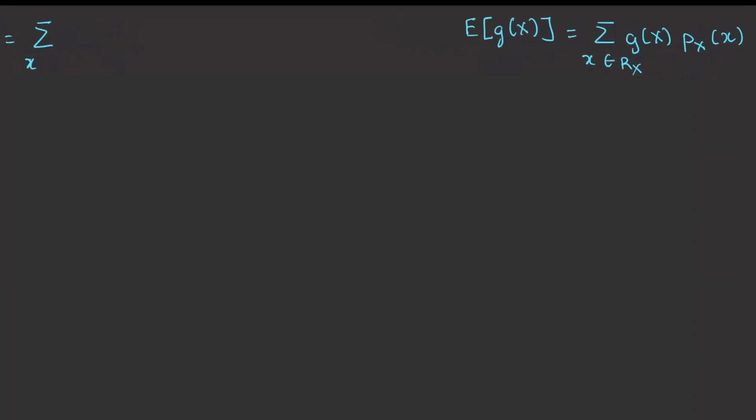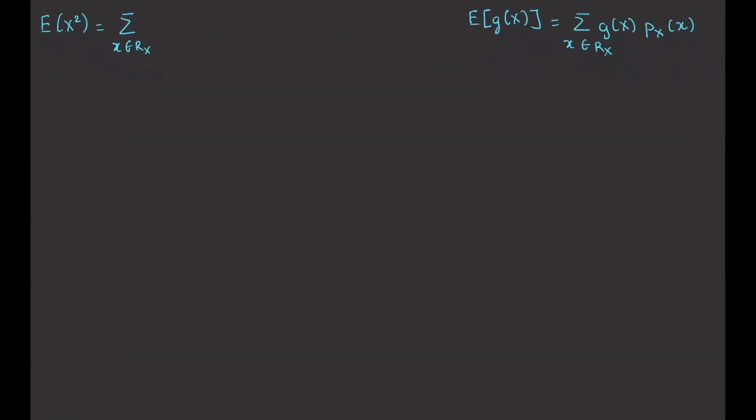So I copy the formula here. Here, the function of x is x squared, so I write down x squared. Again, we are working with a Bernoulli random variable, so there are only two possible values for x, which is 0 and 1.